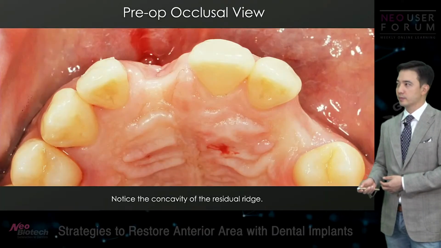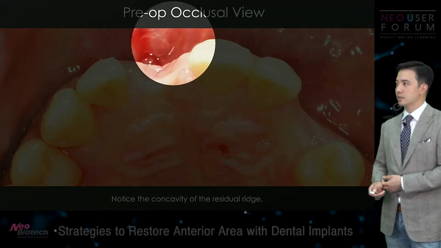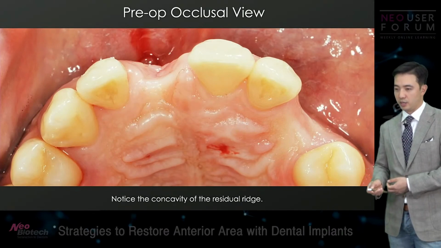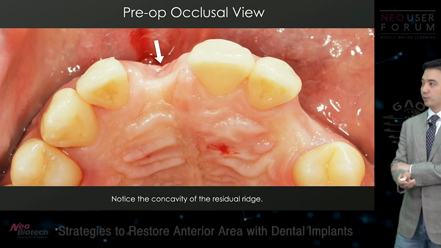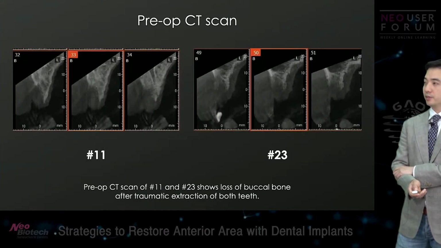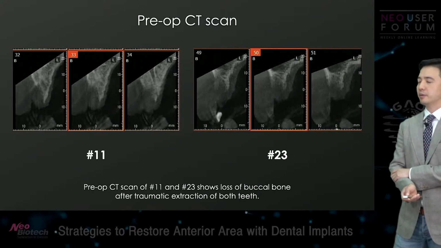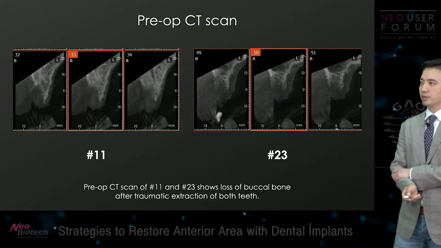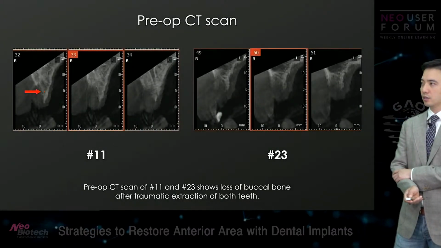And as you can see, there's marked bone resorption on the buccal aspect of number 11 and 23. If you look at the CT scan, I think the maxillary buccal bone was fractured with the accident, and there's just no bone.